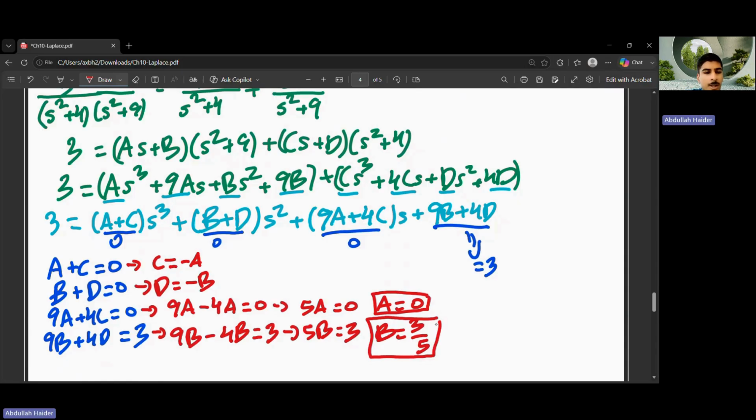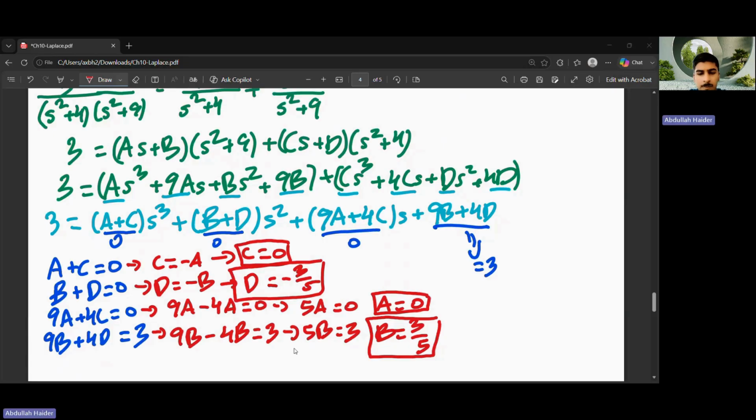We've got our b, and since c equals negative a, c equals 0. d equals negative b means d is minus 3 over 5. We've got all our constants.